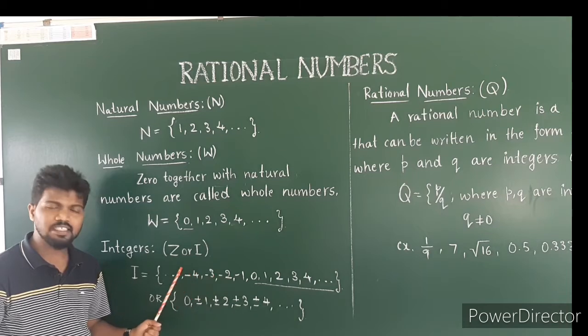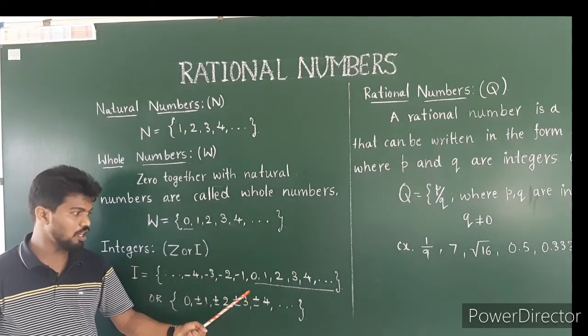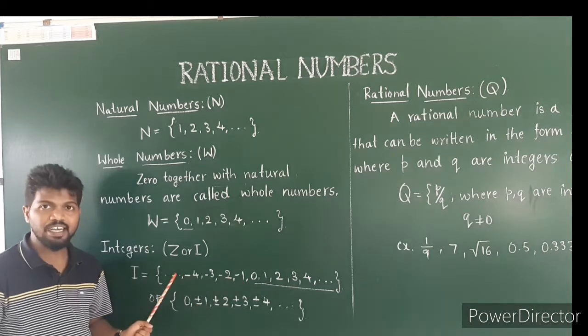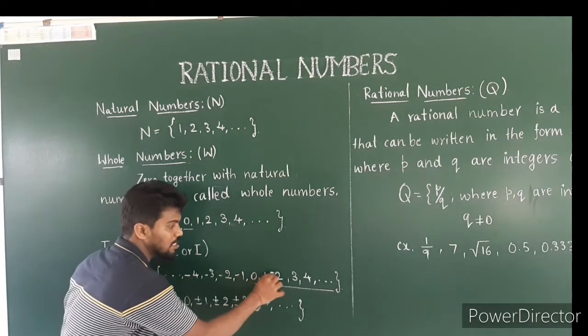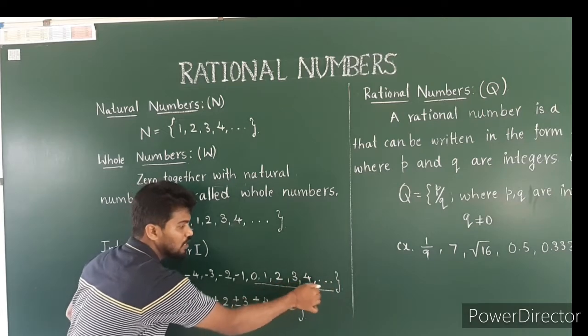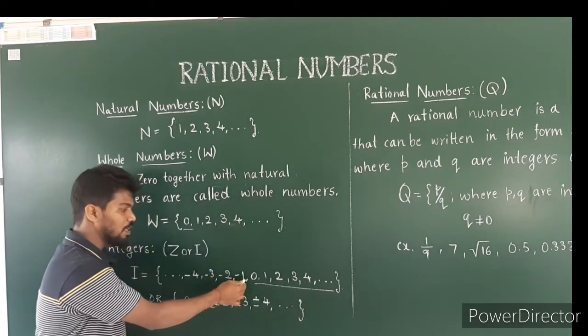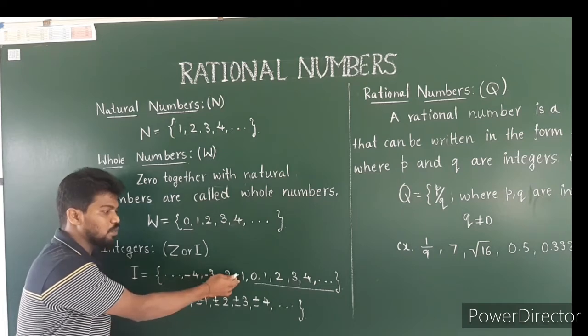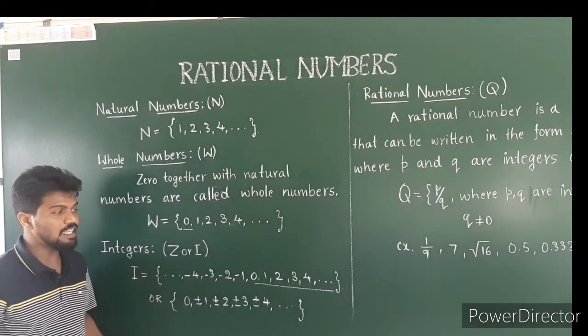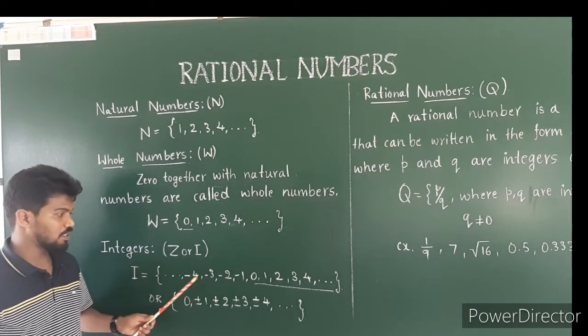What do you call these? Negative integers, or negative natural numbers. And 1, 2, 3, 4 you call positive integers. So these are all positive terms, and from -1, -2, -3, -4, and so on you call the negative numbers.